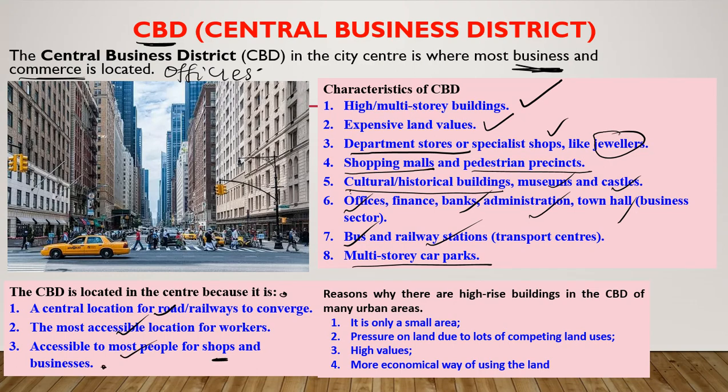Some of the reasons why there are high-rise buildings in the CBD is because the land is expensive, and it is only a small area, so you need to manage it well. There is pressure on land use from lots of competing land users. The land has a very high value, and it is more economical to use land that way. That's why you have high-rise buildings there.